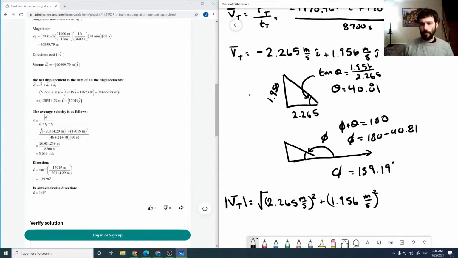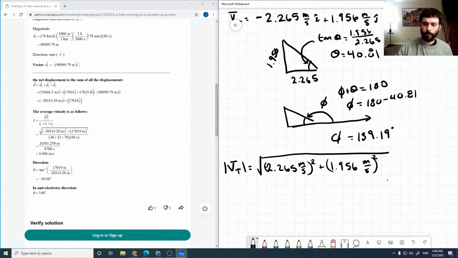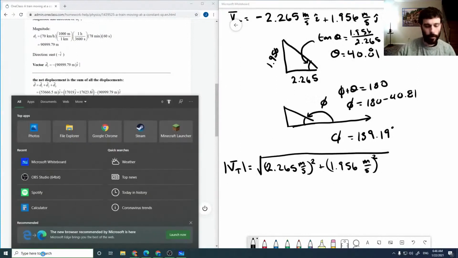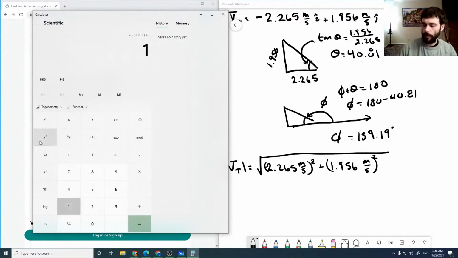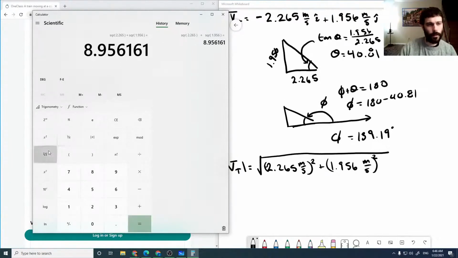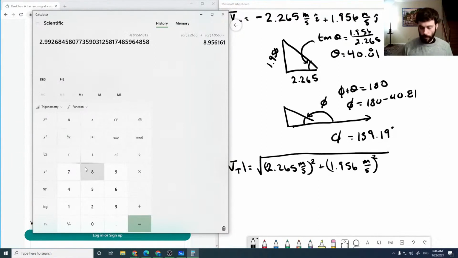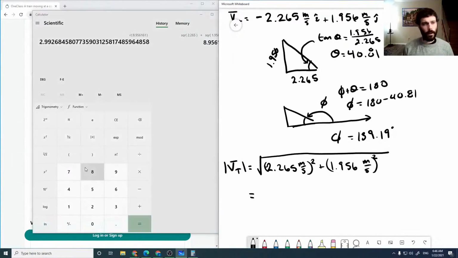So just square the individual components. And for this, I'm just going to have to open up a calculator and say 2.265 squared plus 1.956 squared equals, and then root. So then our average speed is 2.99 meters per second.